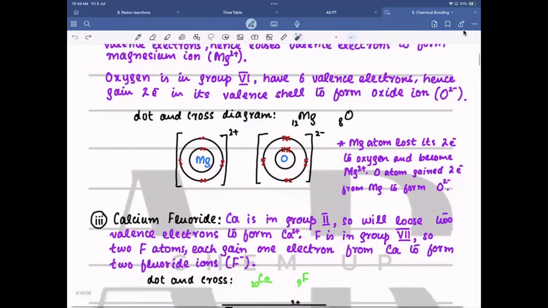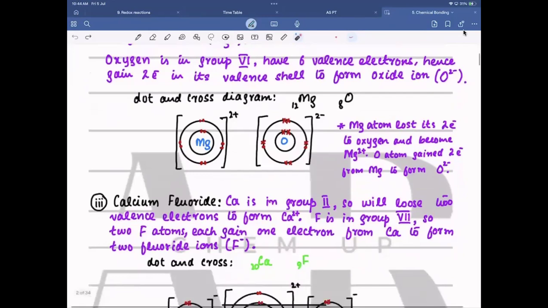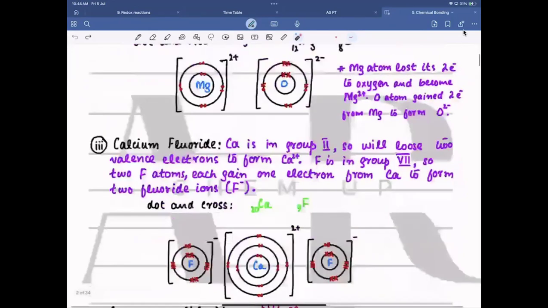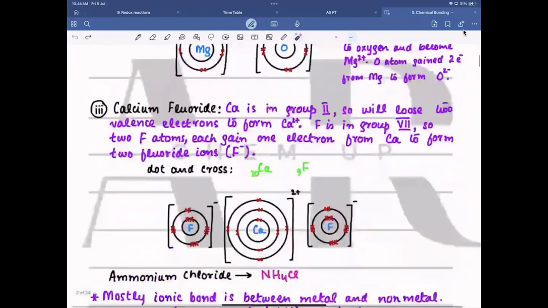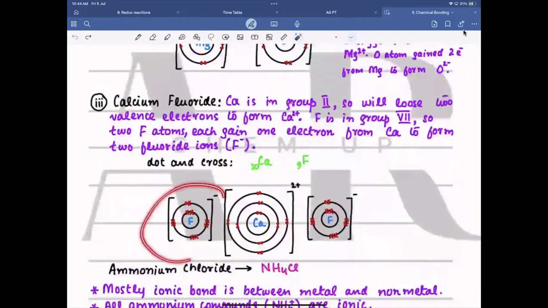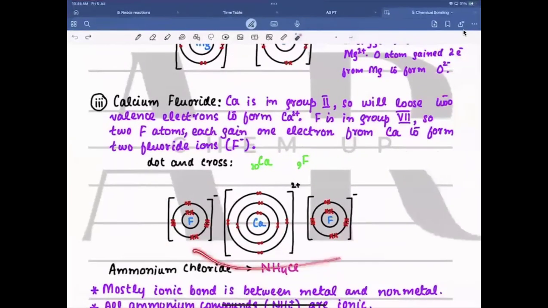Okay. So see, if the examiner asks you to draw the dot and cross diagram, we will draw it this way. Sometimes students make the mistake of drawing the 2 fluoride ions adjacent to each other, instead of on opposite sides of the calcium.